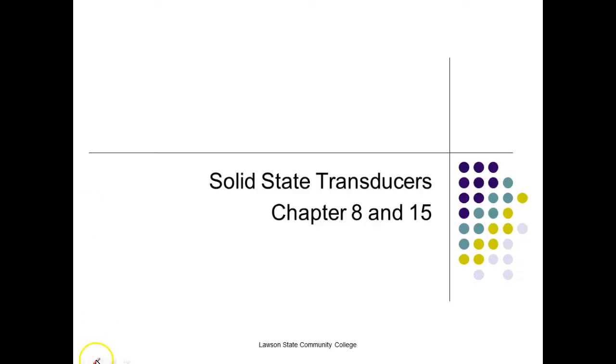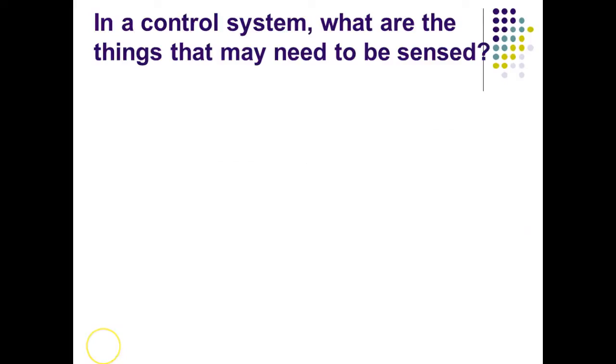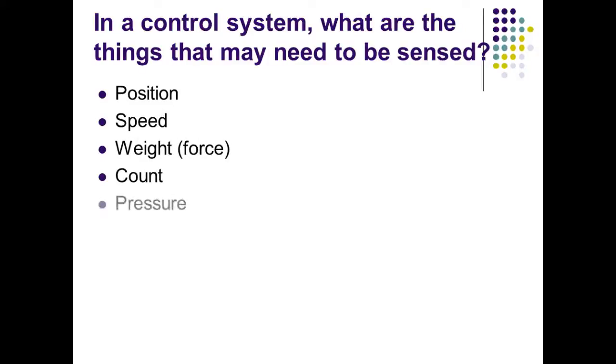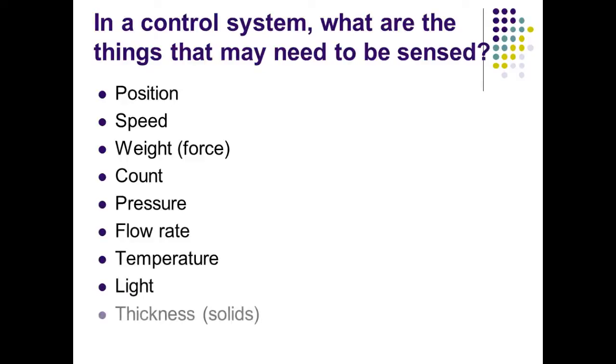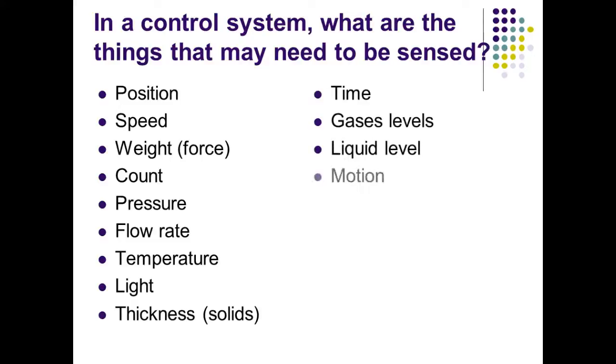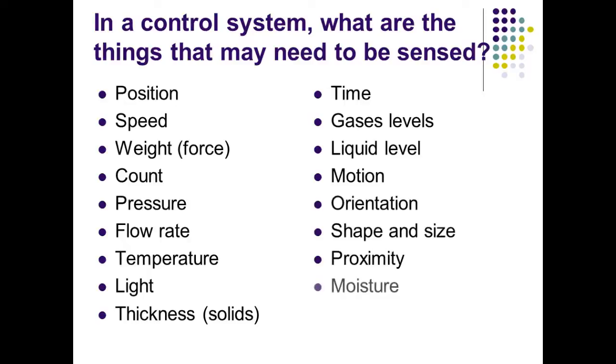Now, of course, the other day we went over some of the things that we might want to sense. So this may include things like position, where something is at, speed, how fast something's moving, the weight or the force being applied to something. We need to be able to count things, sense pressure, sense how fast fluids are moving, sense temperature, which we even do in our house if you've got a thermostat on your HVAC system.